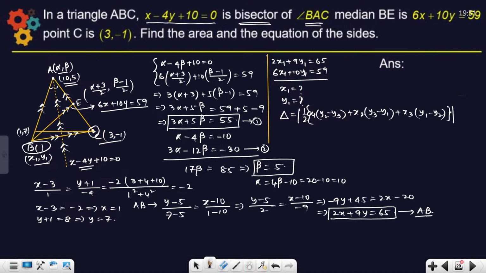This is not at all an objective one. Intentionally, I have chosen this sum to make you understand the fact that maximum time students used to do one mistake. That is, whenever they get a median, they think that the image of one vertex will be the other one with respect to that median.